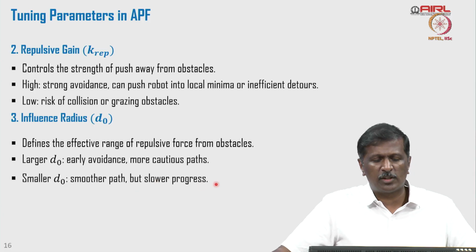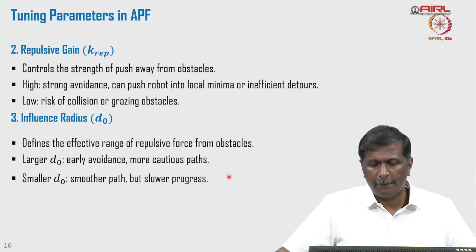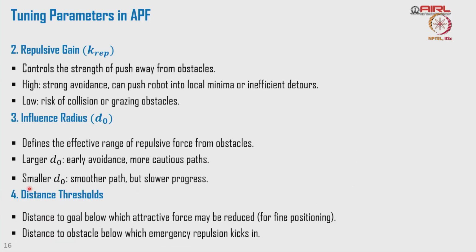The progress will also be very small, right? Then you have a distance threshold, the distance to goal below which the attractive force may be reduced, right? The distance to obstacle below which the emergency repulsion kicks in. These thresholds also play an important role, right?